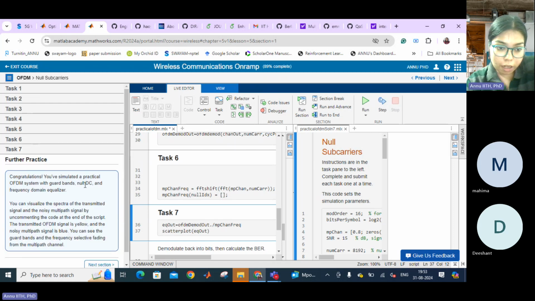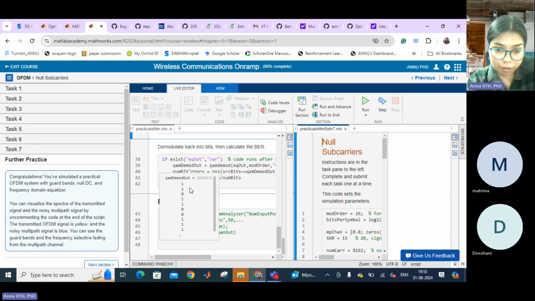Yeah, so congratulations, you have simulated practical OFDM symbols with guard bands, null DC, and frequency domain equalizer. You can visualize the spectra of the transmitted and noisy received signal by uncommenting the code. So we can visualize also.